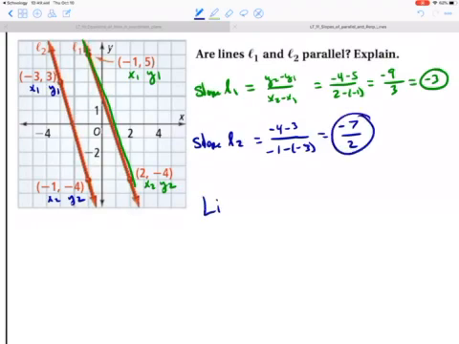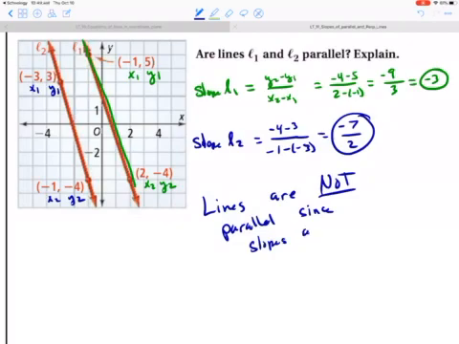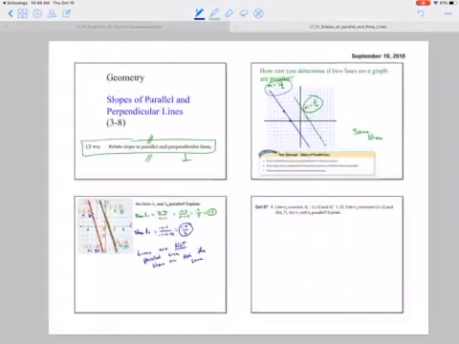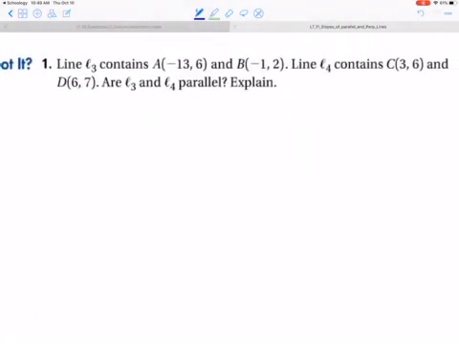Lines are not parallel since slopes are not the same. Must have the same slope in order to have parallel lines. This you can use for retake contract work.